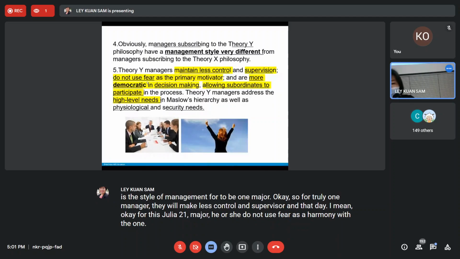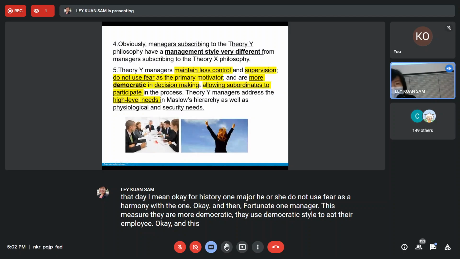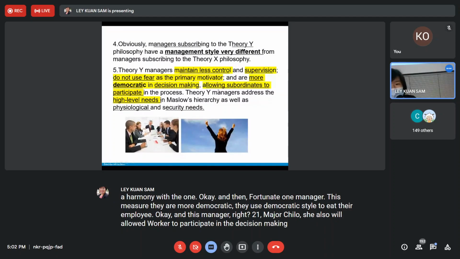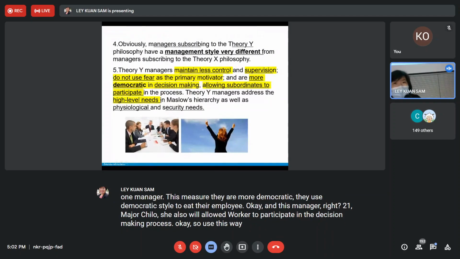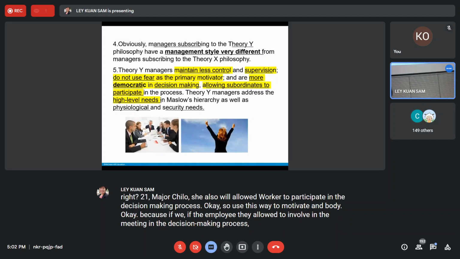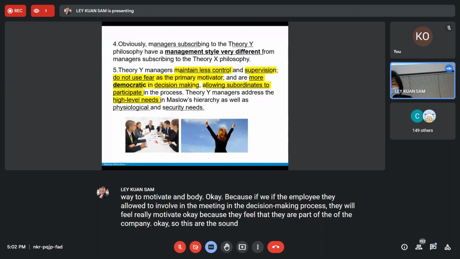They are more democratic, using a democratic style to lead their employees. They also allow workers to participate in the decision-making process, and they use this way to motivate employees. If employees are allowed to be involved in meetings and the decision-making process, they will feel very motivated, because they feel that they are part of the company. These are the styles of Theory Y managers.